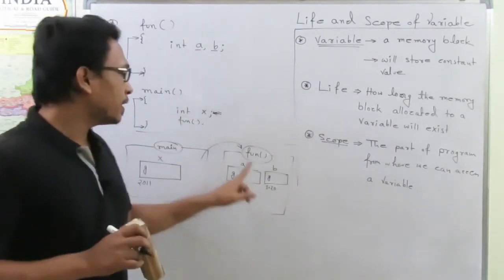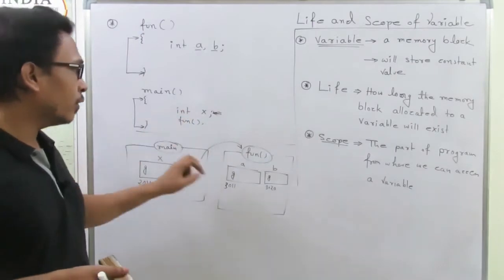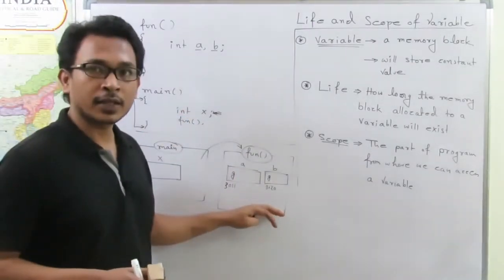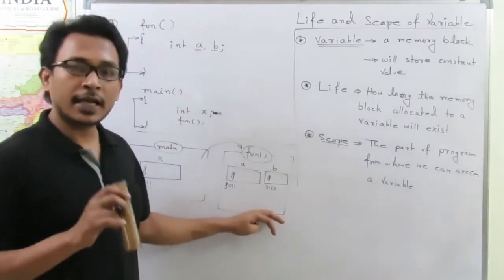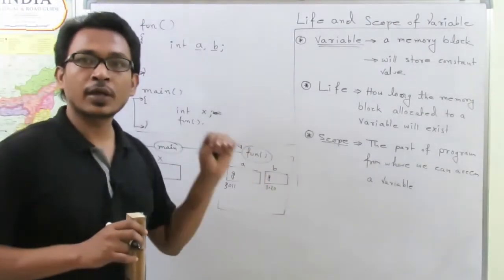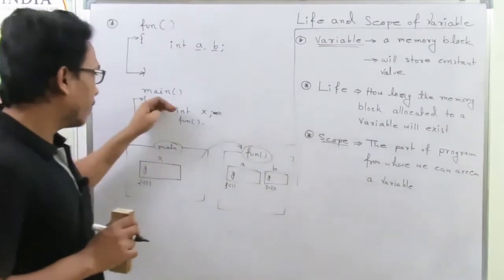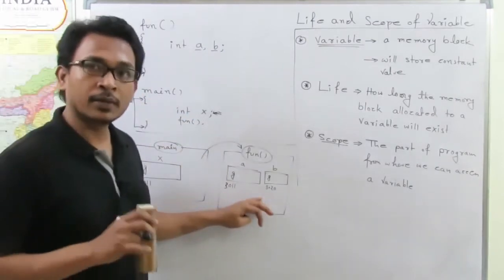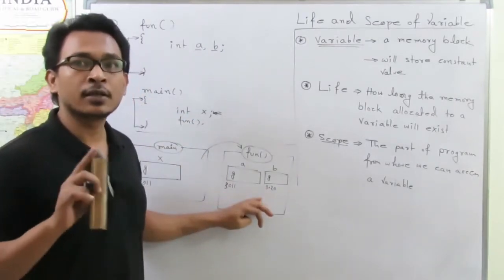So even though the memory exists for the variable x while we are in fun, we still can't access that variable from fun. That is because of its scope.